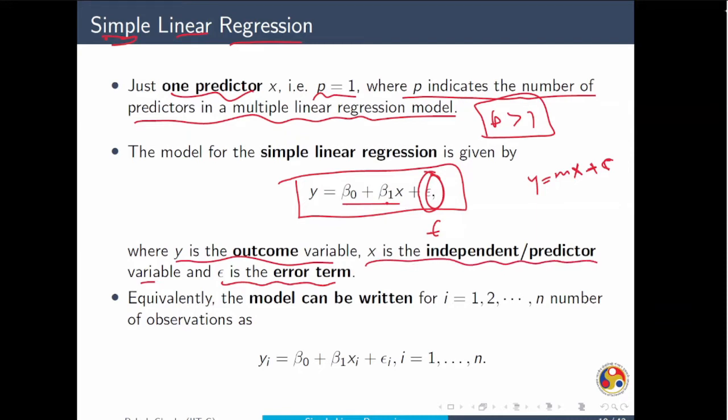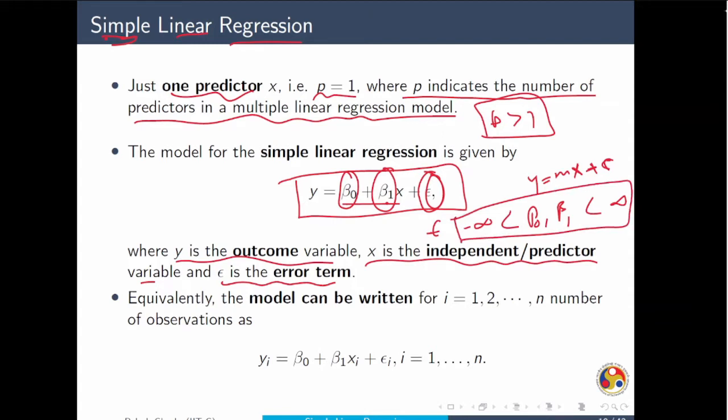And someone asked what is the parameter. The parameters are beta naught and beta 1 here. And the question was why it is different from some constant. Technically, you can call this parameter a constant also. Here, beta naught and beta 1 can take any values from the real line, minus infinity to plus infinity.